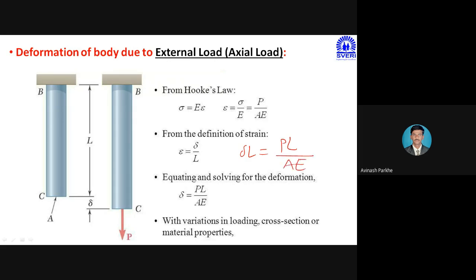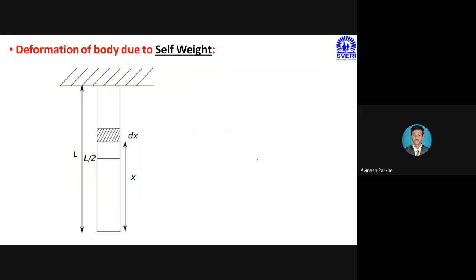This formula represents the deformation of the body when the body is subjected to the external load, in which P represents the external load applied on the body. In the figure also we can see here, at the top side this body is fixed, and at the bottom side this P amount of force is applied, meaning the body is subjected to the external load or the axial load. Then we have to use this deformation formula.